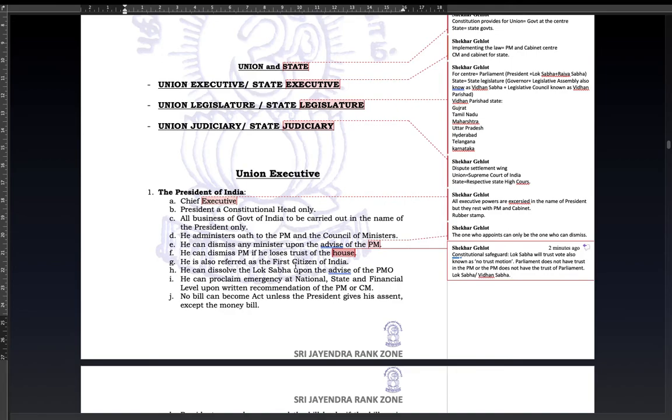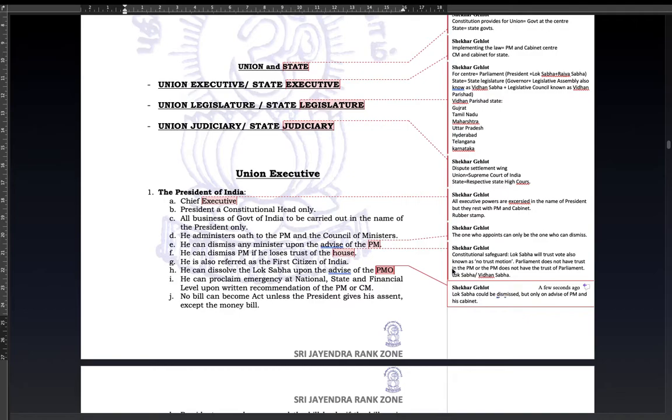He is also referred to as the first citizen of India. This is an honorary tag given to the President of India. It literally does not give him any such power or privileges. He can dissolve the Lok Sabha upon the advice of the Prime Minister, but only on advice of PM and his cabinet.